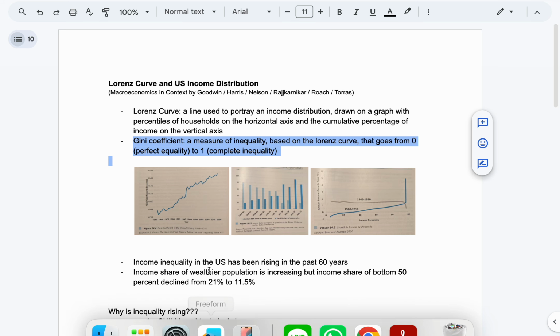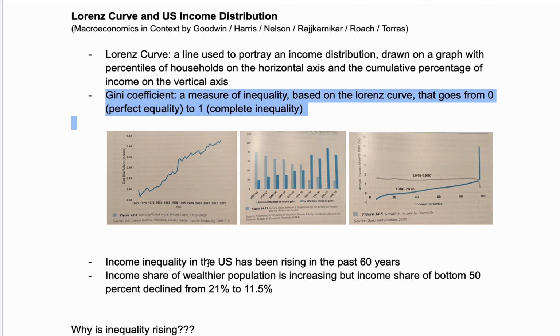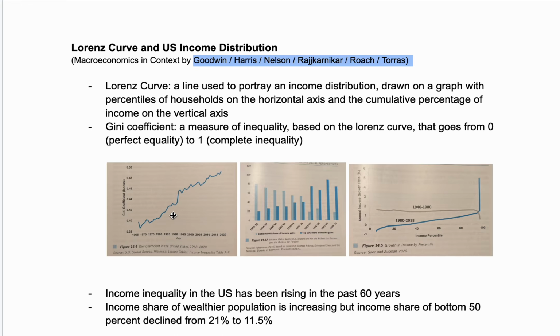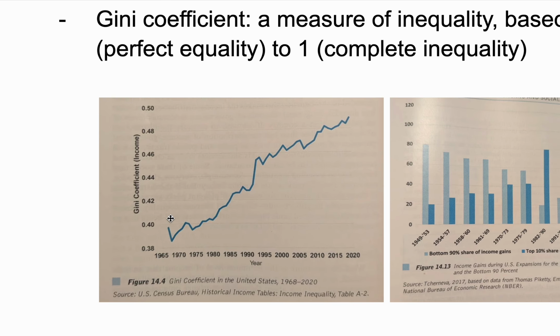And let's actually use this to understand what is happening to inequality in the United States of America. I've got a lot of these data and ideas from the textbook Macroeconomics in Context, written by a number of economists and authors. Yes, we have a very interesting graph here.